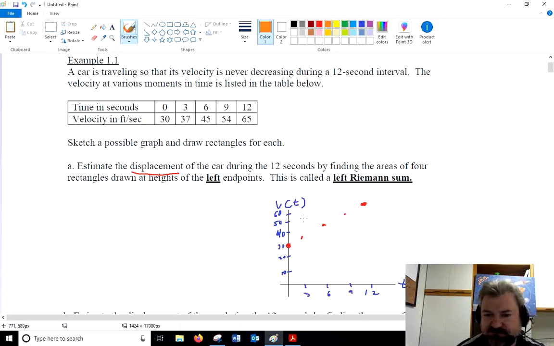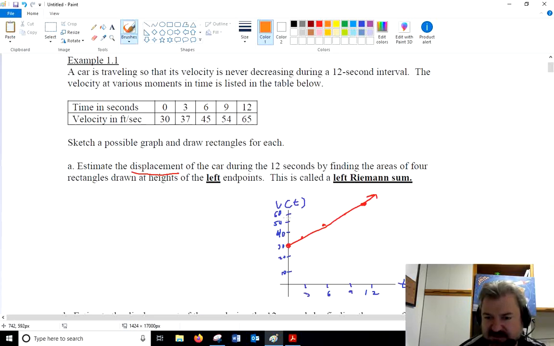So what I'm going to do, first of all, is copy this so I don't have to redraw it every time. Little sneaky thing, right? Okay, so I'm going to draw rectangles for their height. What I'm trying to do is get the total distance that this car has traveled. Now, a possible graph shape for this might be something like this, right? And I want to figure out the distance it traveled from 0 to 12, or more precisely, its displacement.